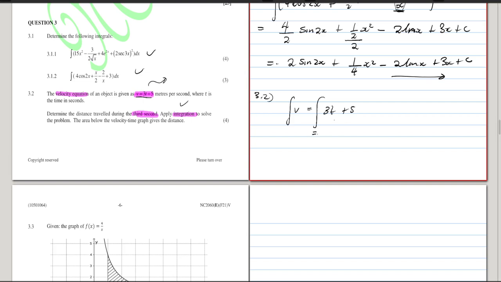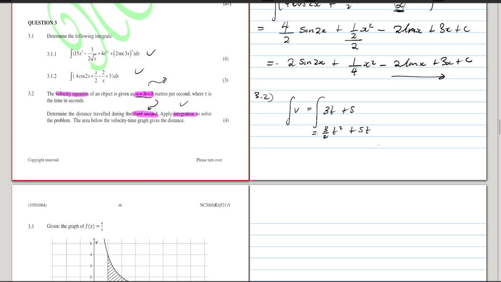So this is going to be equal to 3 over 2 t squared plus 5t. There's no need for the c. And then they want us to calculate the distance within the third second. Determine the distance traveled during the third second.